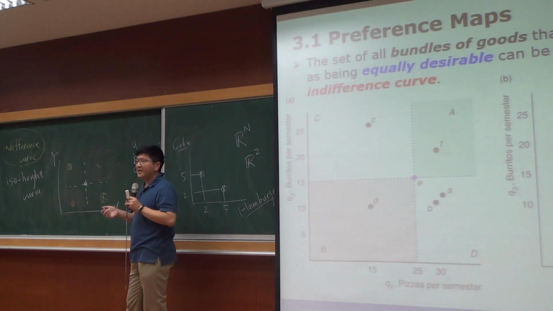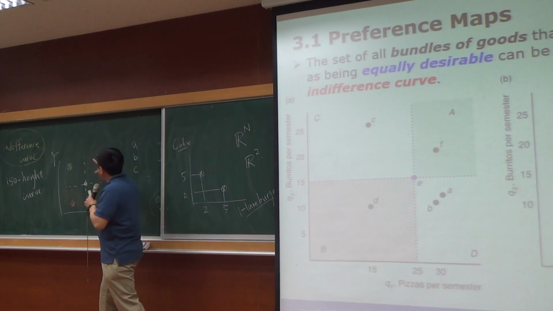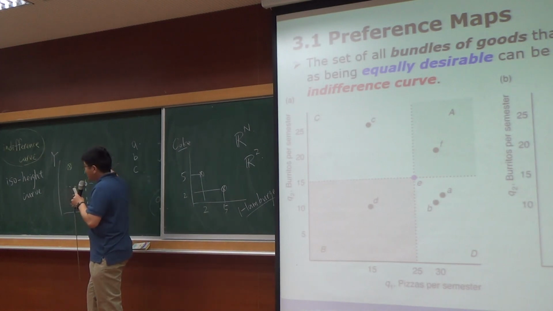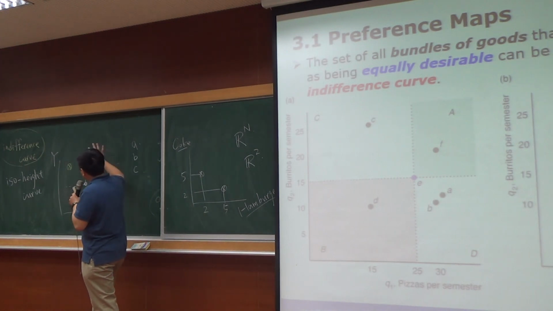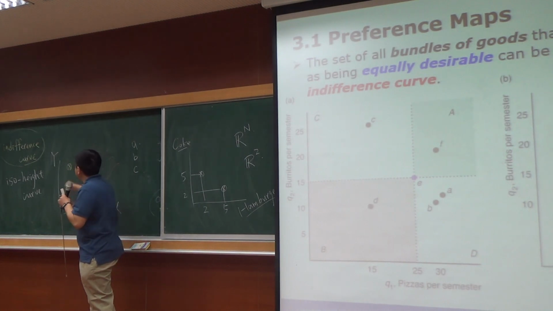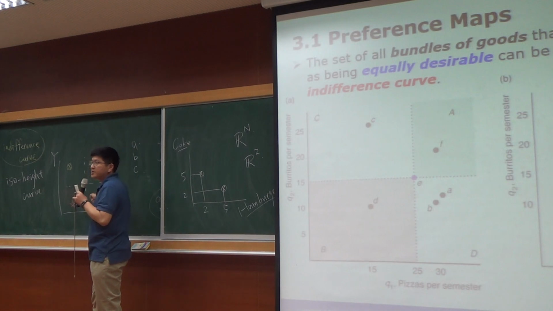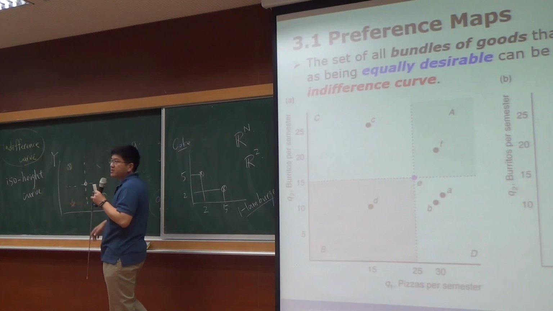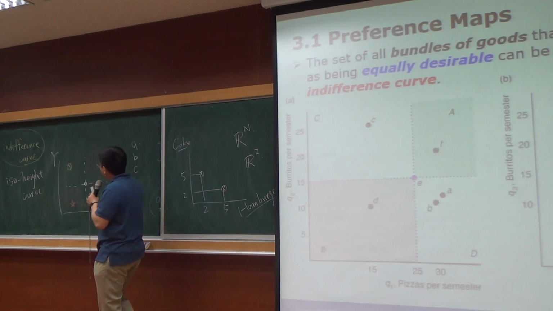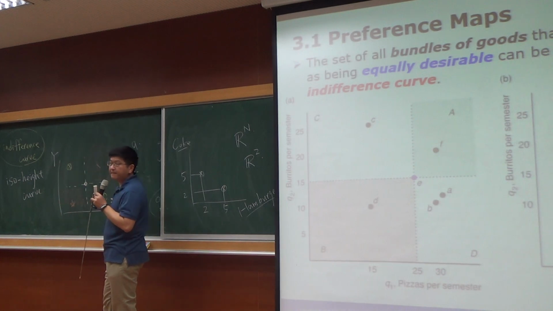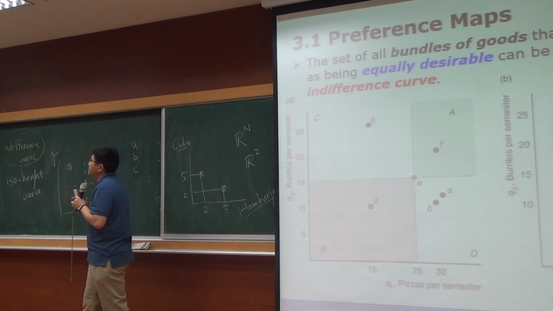If more is better holds, then the points indifferent to this one cannot be in here, cannot be in here, cannot be in here. It must be in these 2 regions. So the indifference curve must be a negative sloping curve. Get it?